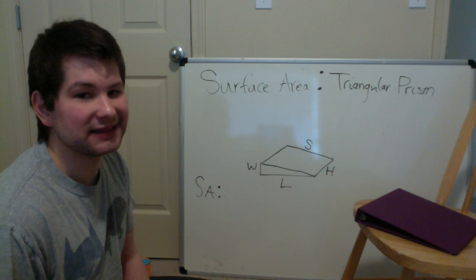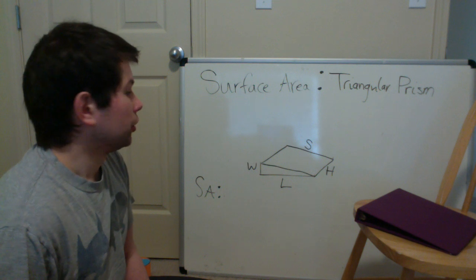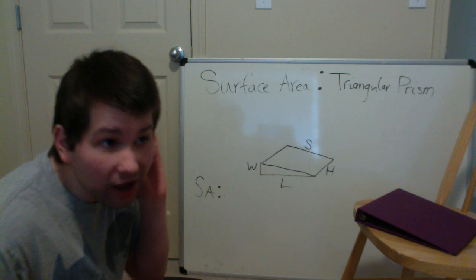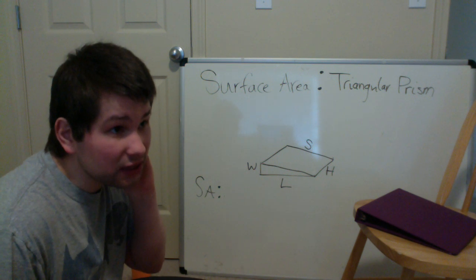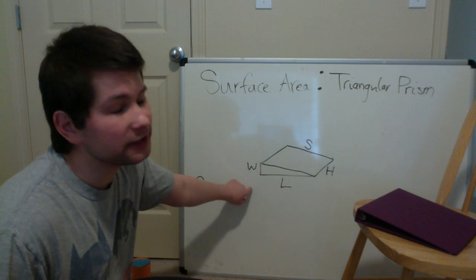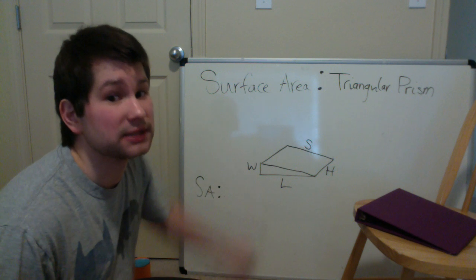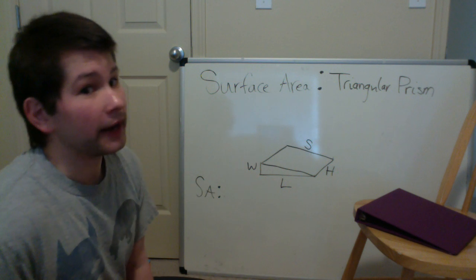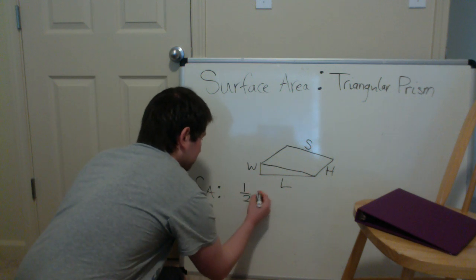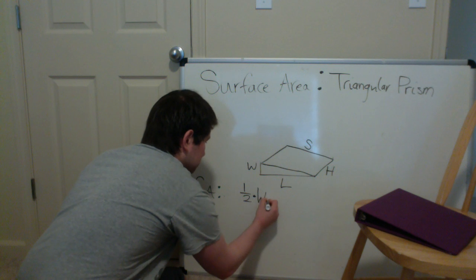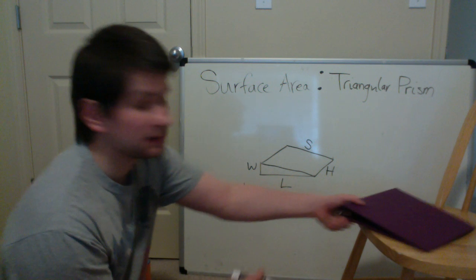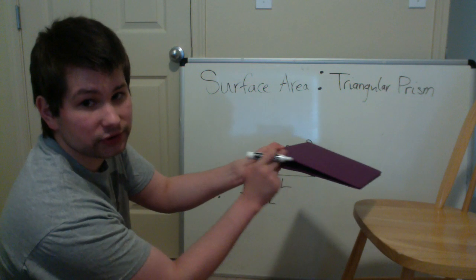We're actually going to need that for this calculation. So the area of a triangle should be width times length times 1/2, or divided by 2. Why? Because we are not calculating a rectangle, right? A rectangle is width times length, but a triangle is 1/2 times width times length. So we have 1/2 times width times length for this tiny little triangle surface.